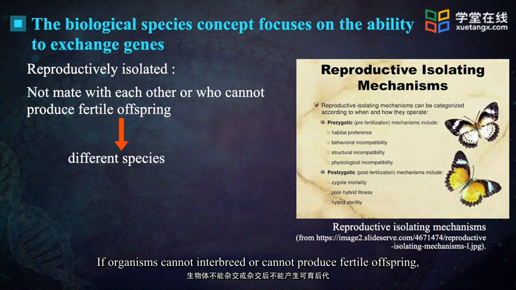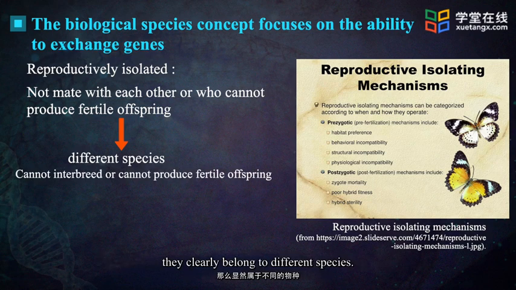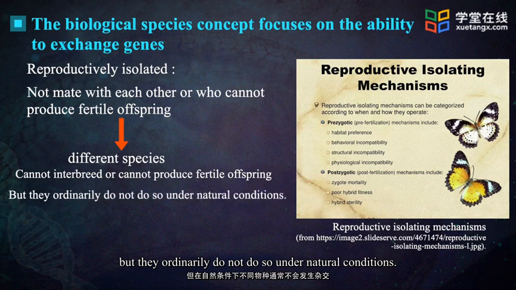If organisms cannot interbreed or cannot produce fertile offspring, they clearly belong to different species. However, some populations that are considered separate species can interbreed and produce fertile offspring. But ordinarily, they do not do so under such natural conditions.